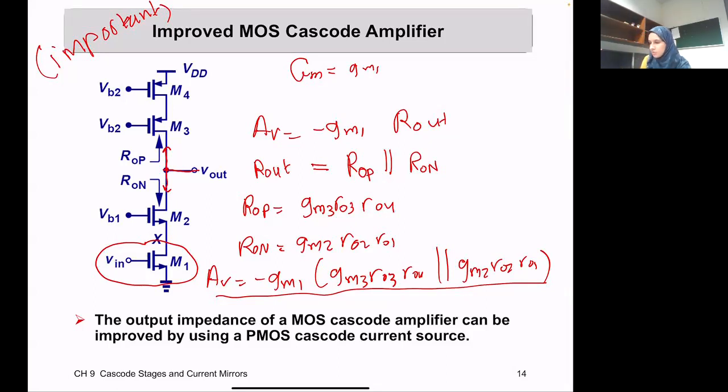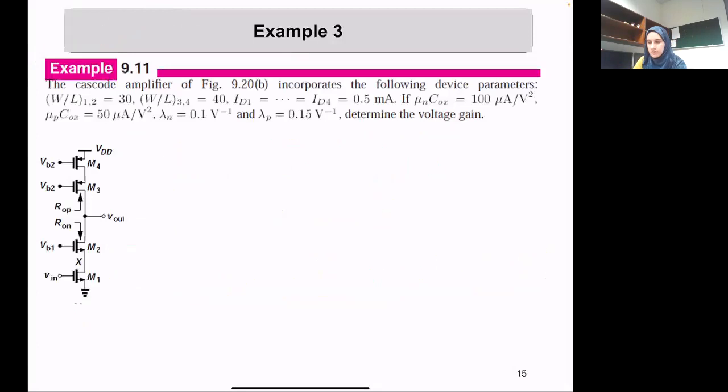Okay, now let's do an example. We have here a cascode amplifier where W over L of transistors 1 and 2 equals 30, and W over L of transistors 3 and 4 equals 40. The ID of all the transistors is the same, half a milliamp.